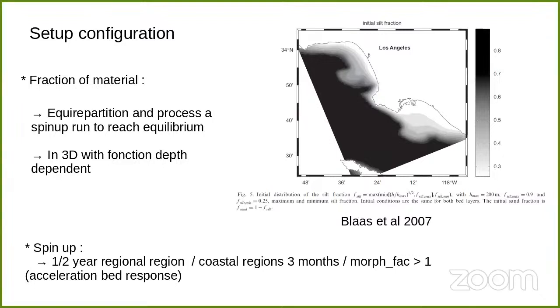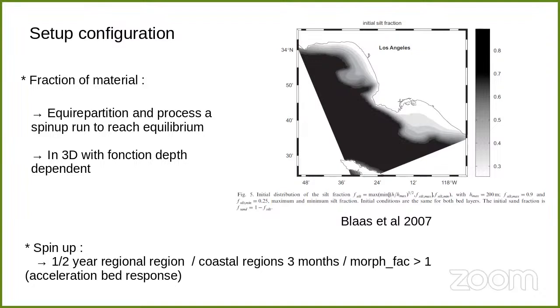Also important, like I mentioned before, is the spin-up. The spin-up could be made, depending on the extent of your region, of your grid. For a regional domain, it could be like 1 or 2 years. If you are working on a coastal region, it could be less, 3 months.